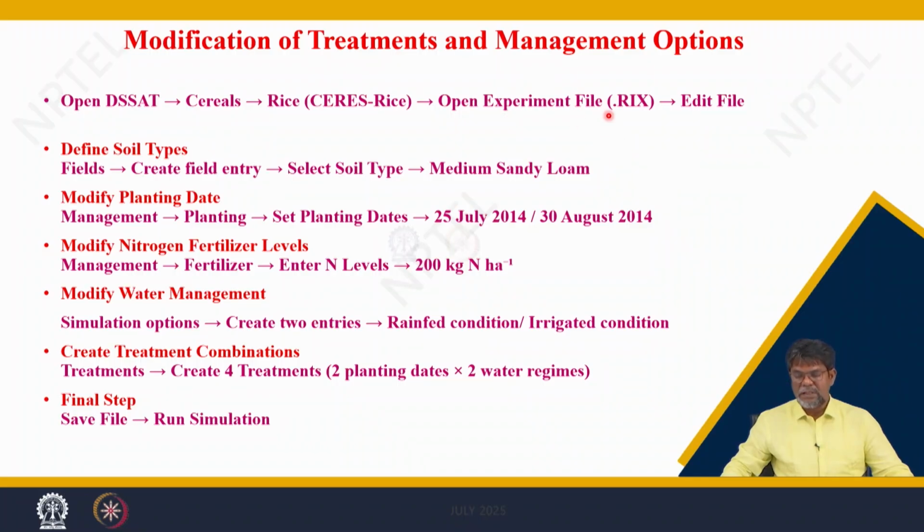So, go to the soil type. Here we are putting only one soil. In the other class we had 2 soil types, because the soil was variable there. We do not have treatments on different soil types, since you are using one soil. So, create the field entry and choose the medium sandy loam soil.